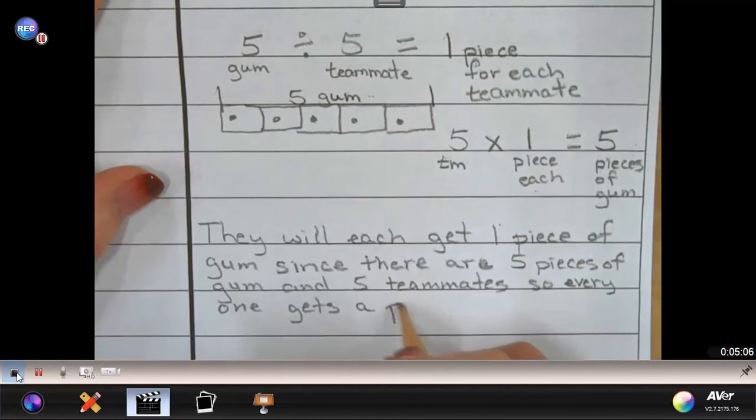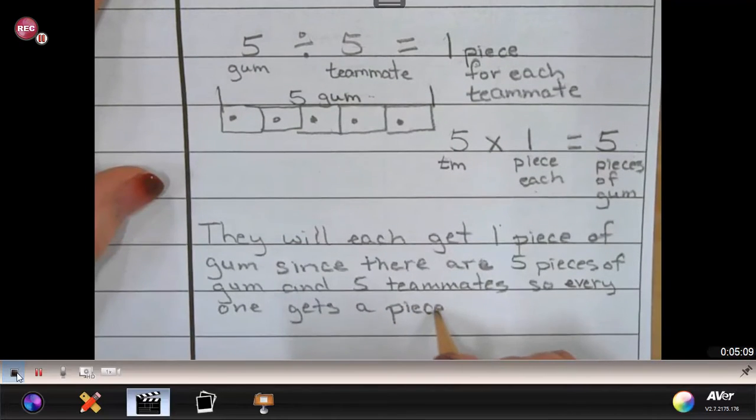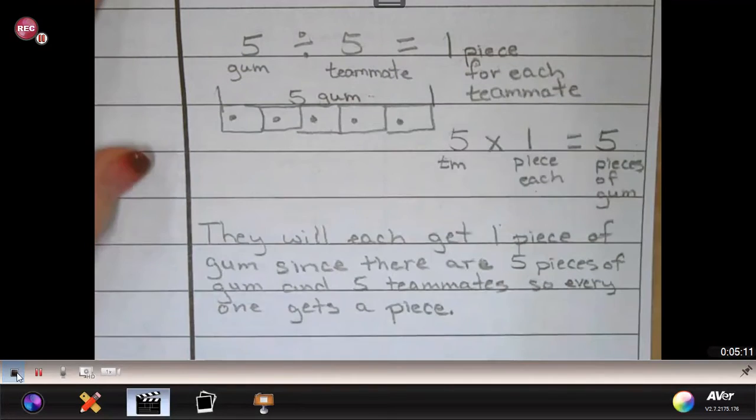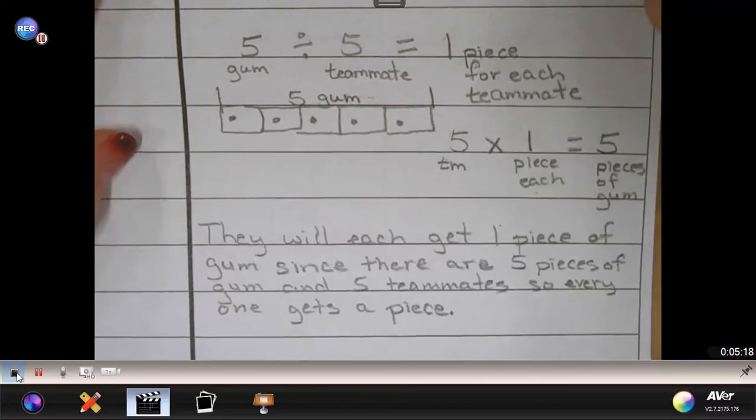A meaning one, right? When I say a piece, I mean one piece. So I'm sharing equally. Each person gets one piece. So that is word problem number 1.